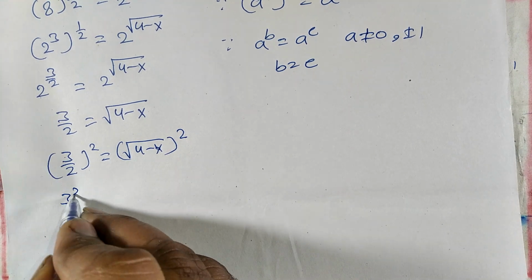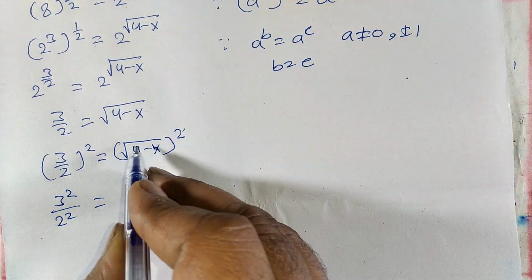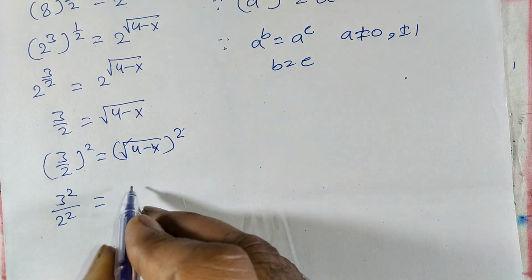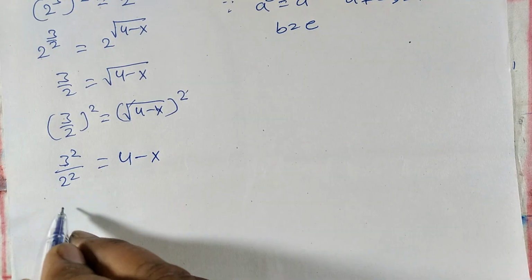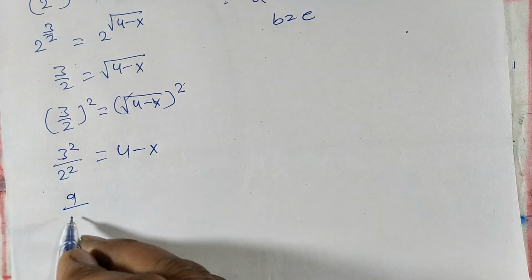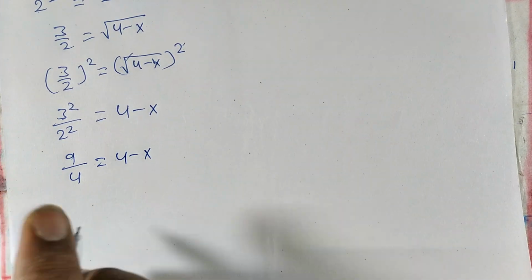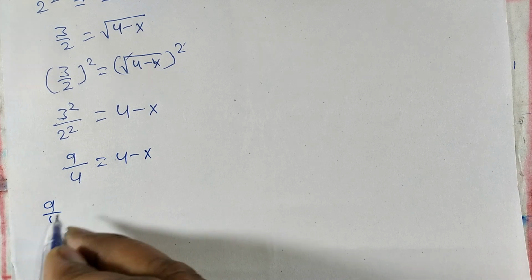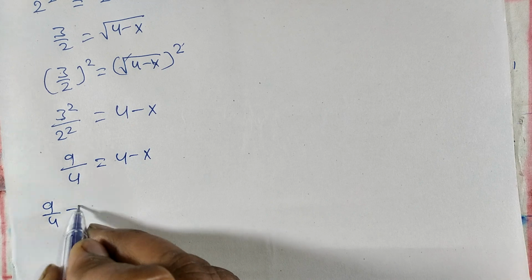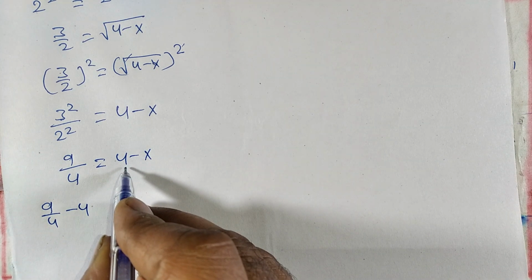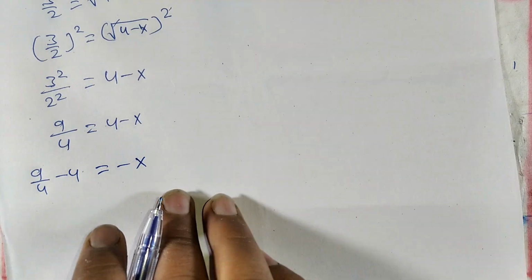3 square over 2 square is equal to this square and this square root will be cancelled, remains 4 minus x. 3 square is 9, 2 square is 4, is equal to 4 minus x. 9 by 4, 4 bring to left side, minus 4 here, is plus, convert it into sign, minus is equal to minus x.